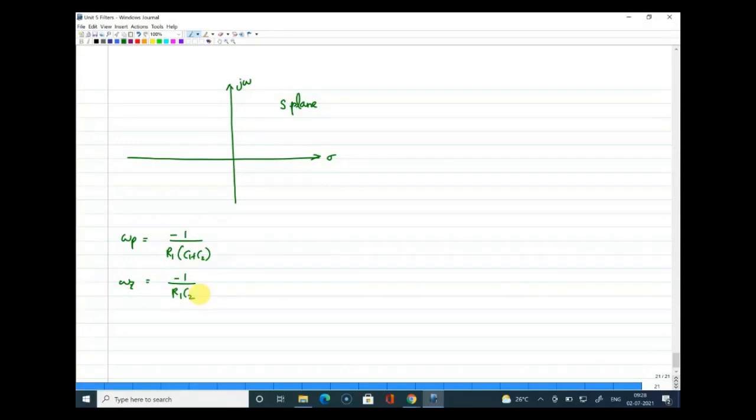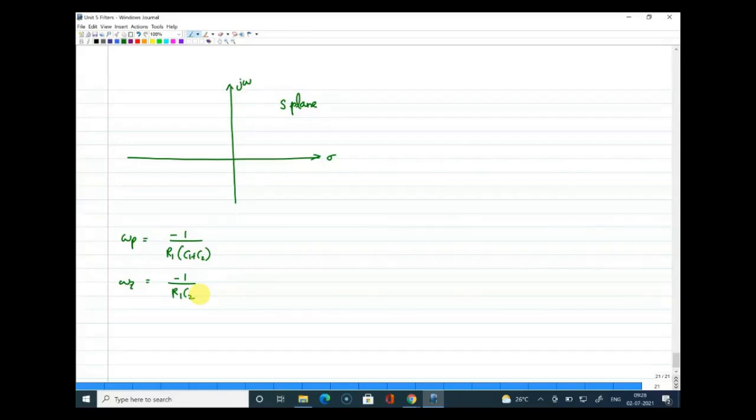Which frequency is smaller? Can I get some response in the chat? Yes, the pole will be closer to the origin, as omega z is greater than omega p.